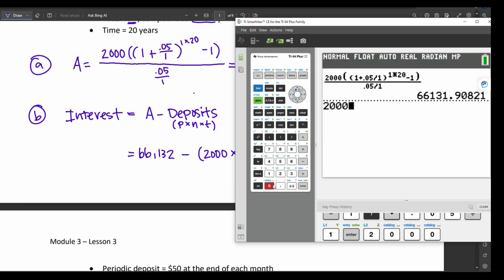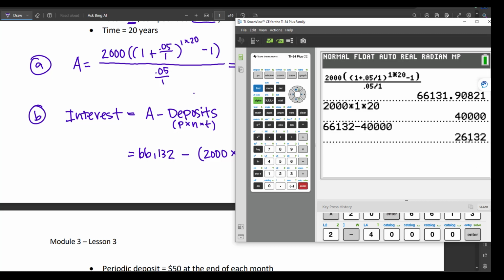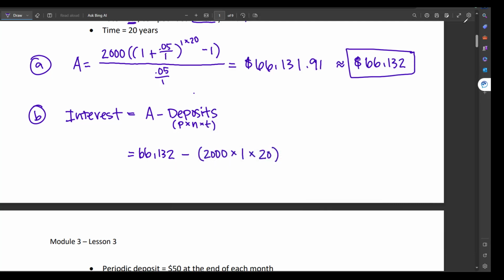So 2,000 times 1 times 20, we end up putting in $40,000 into that account. But it says that we're going to have $66,132. So we have earned $26,132 in interest on this account.